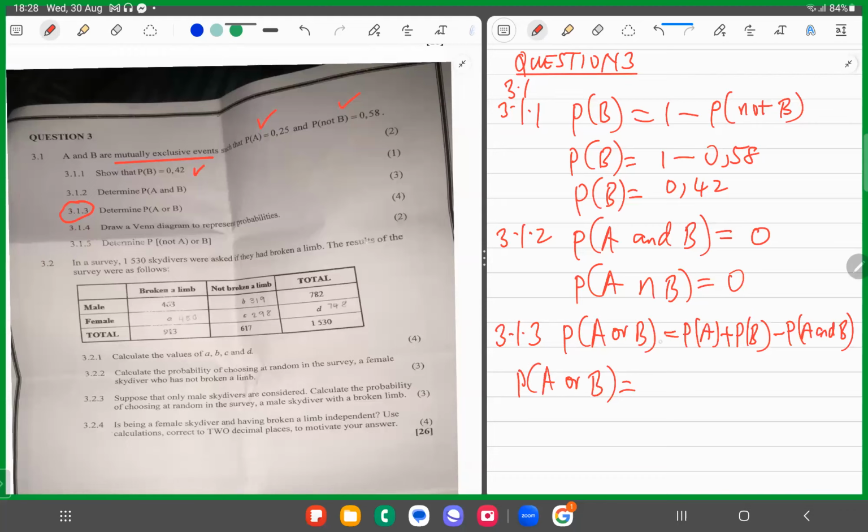The probability of A or B is written like that.